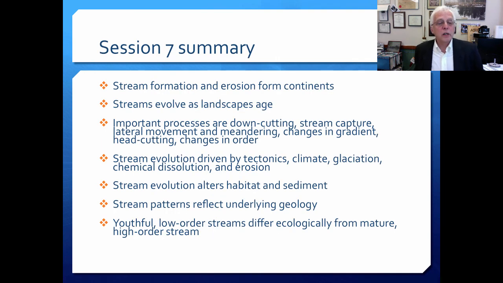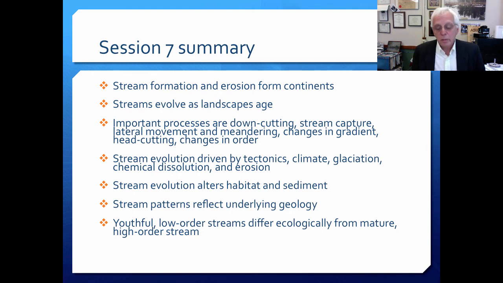So as a summary of this session, first, stream formation and erosion form continents and change the landscape substantially. The streams in themselves are very important, and they evolve as landscapes age. The important processes to remember are downcutting, stream capture, lateral movement and meandering, changes in gradient, head cutting, and changes in order.